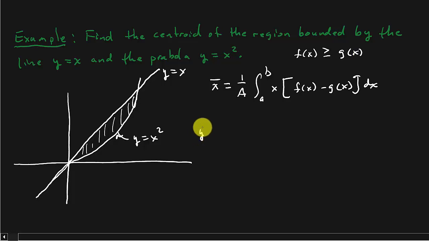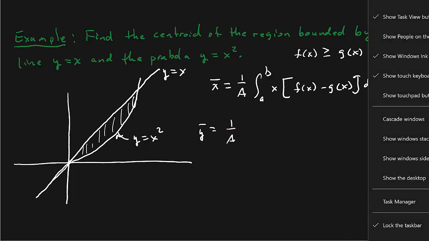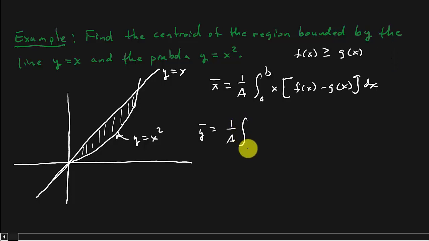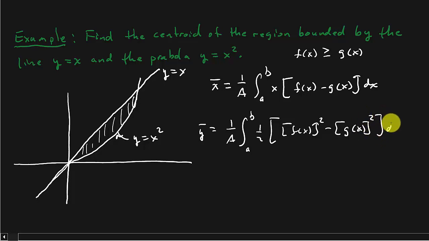And then y bar is 1 over A times the integral from a to b of 1/2 times f of x squared minus g of x squared dx.